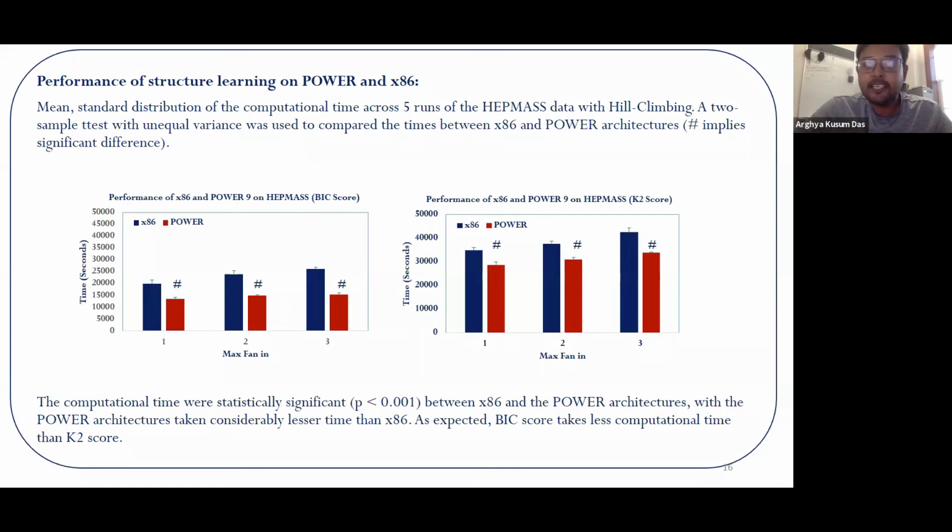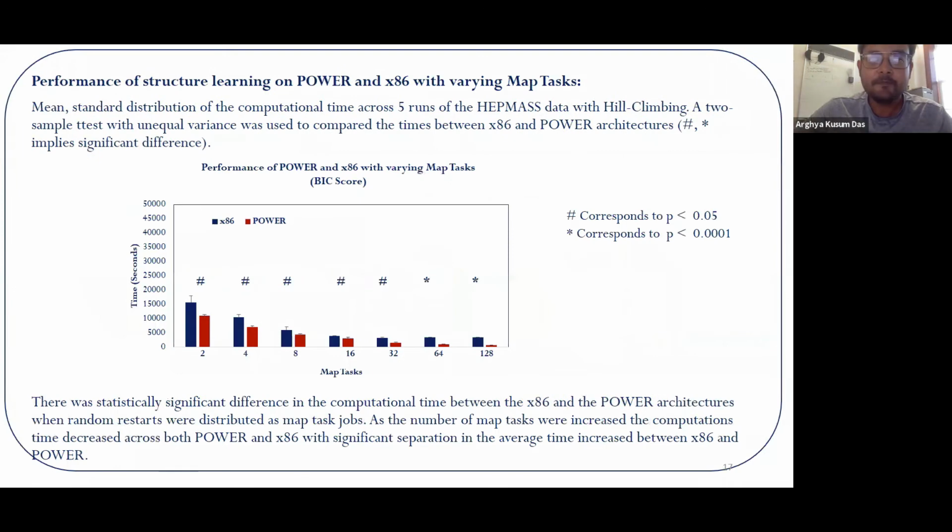And as expected, BIC score takes less computational time over Power 9 and x86 both. But if you compare the performance of Power 9 and x86, you will see a constant 1.5 times difference. And Power 9 is of course better in this case. So can we go to the next slide, please, Radha?